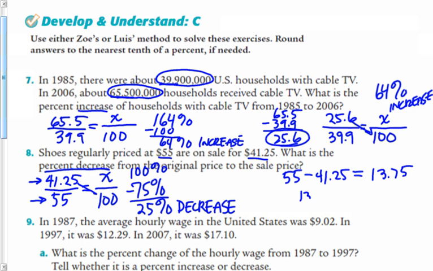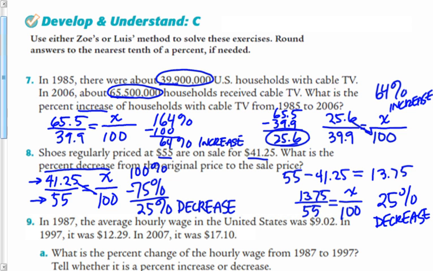Now I'm going to compare that to the original price of the shoes as a percent. So I take 13.75 times 100 divided by 55. When I do that, I get the decrease right away: the 25% decrease. All right.